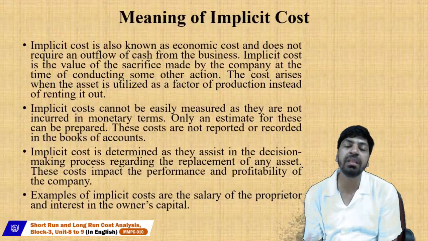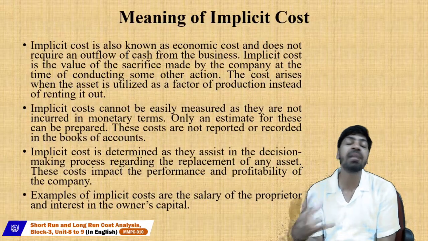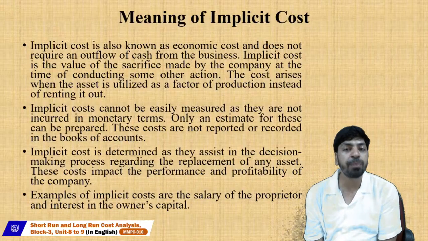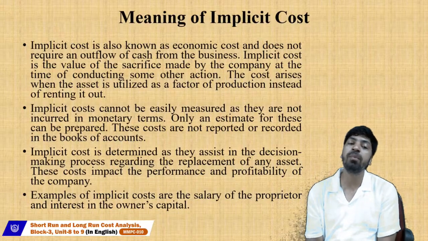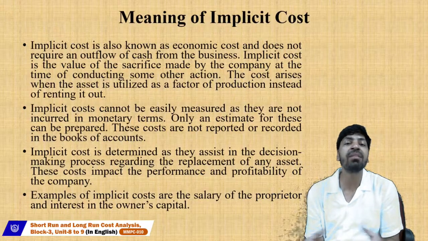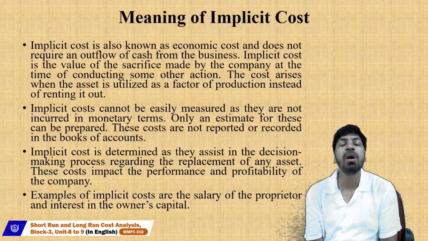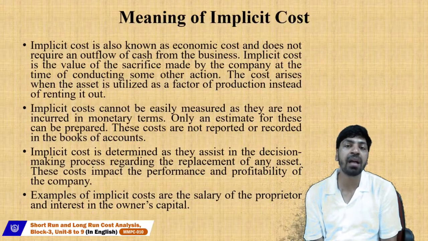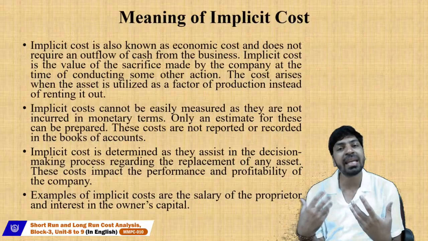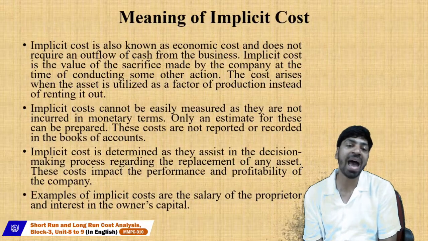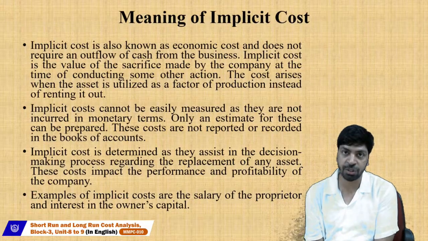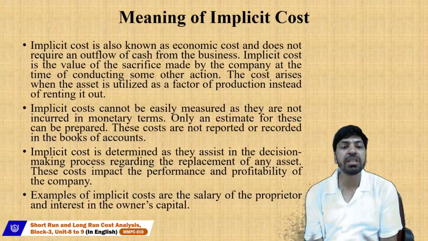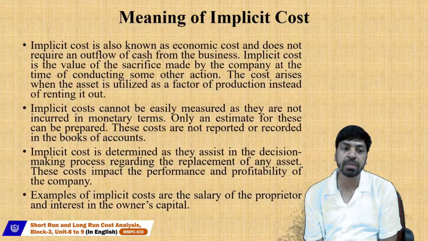These costs are not reported or even recorded in the books of accounts, because we don't know at what point of time or what period of time what sacrifices the company has to make so that it can come up with a better course of action for its own business operation. That's why such costs are not reported or recorded in the books of accounts.